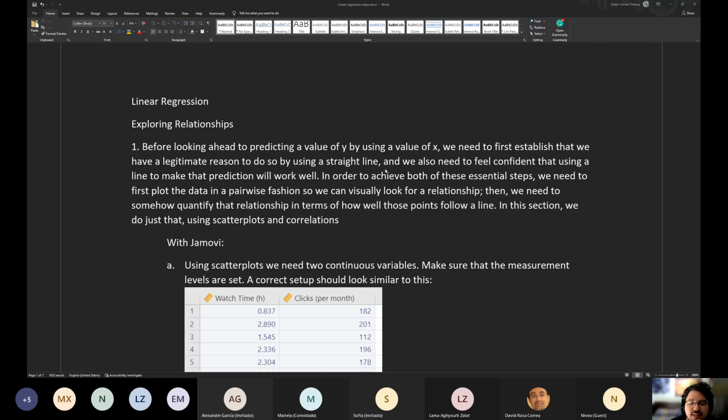Okay, that is the nature of the linear regression.